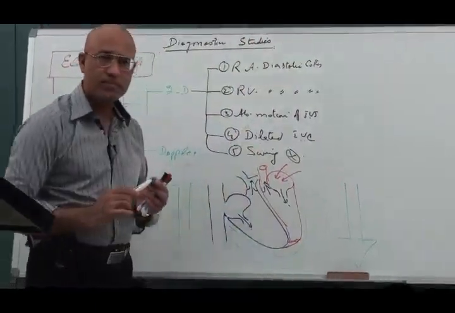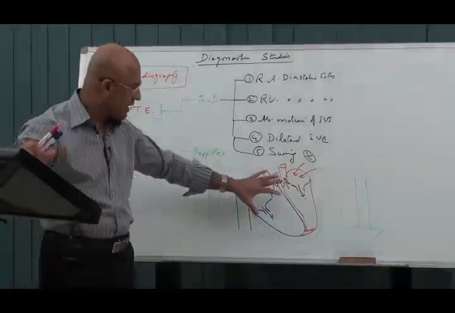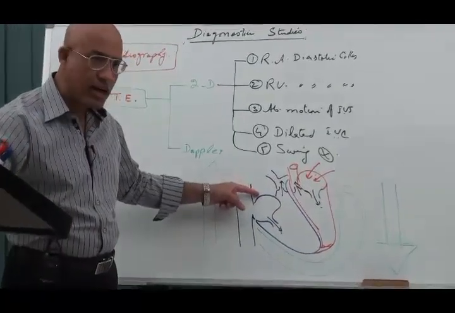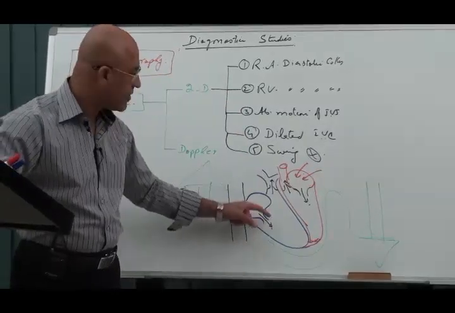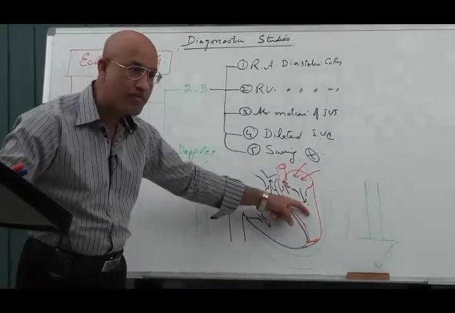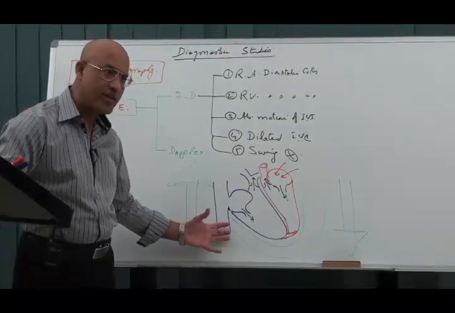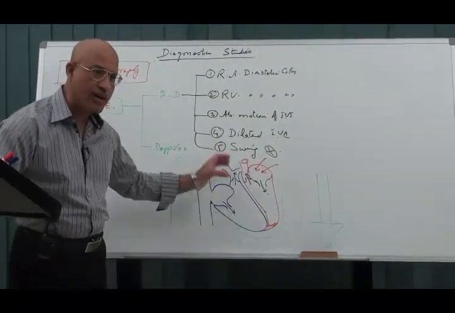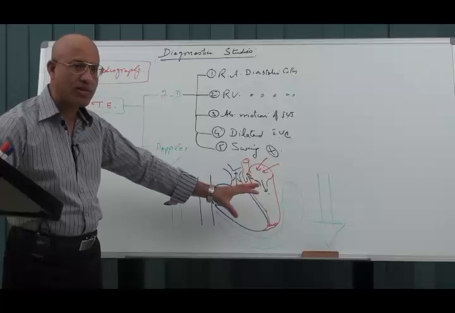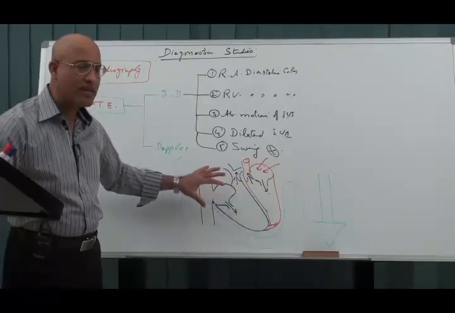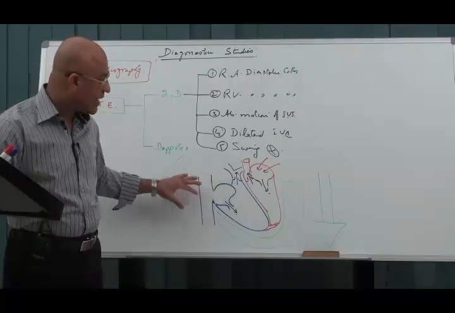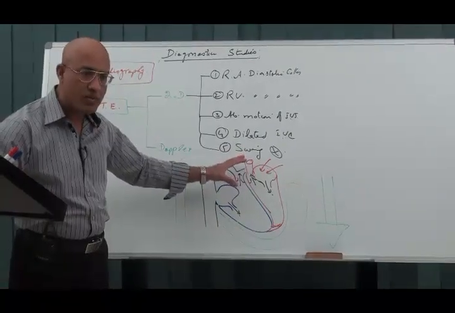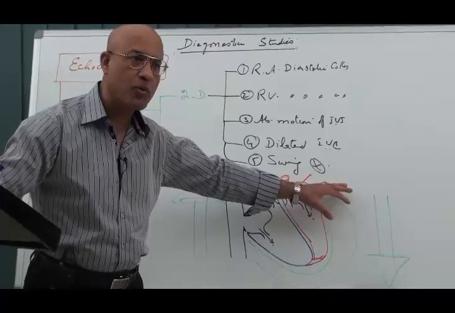That's it. 2D findings, again: atrial diastolic collapse, ventricular diastolic collapse, abnormal septal movement, yes, dilated inferior vena cava with swinging heart. Doppler finding, look at the velocities. Typically there is right inspiratory dominance, that right-sided flows are faster and left-sided flows are slow.